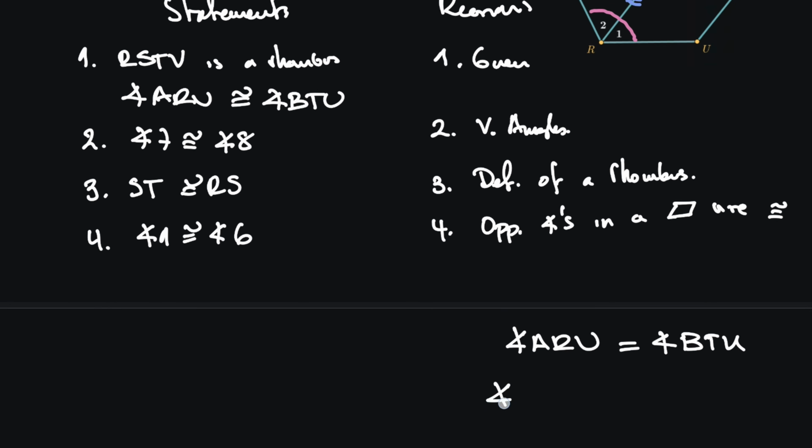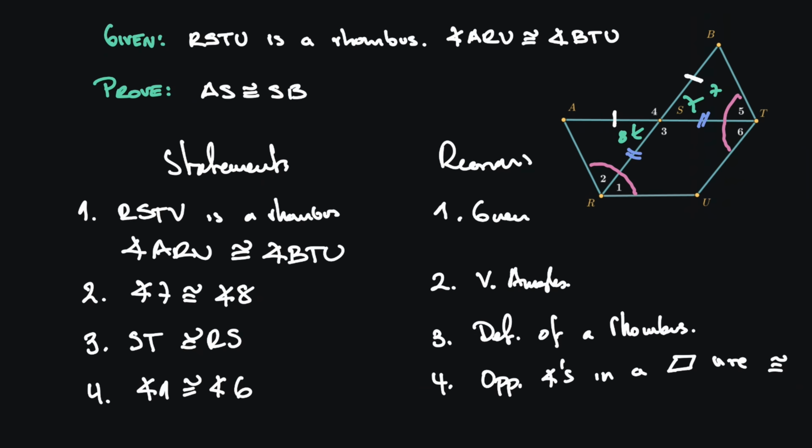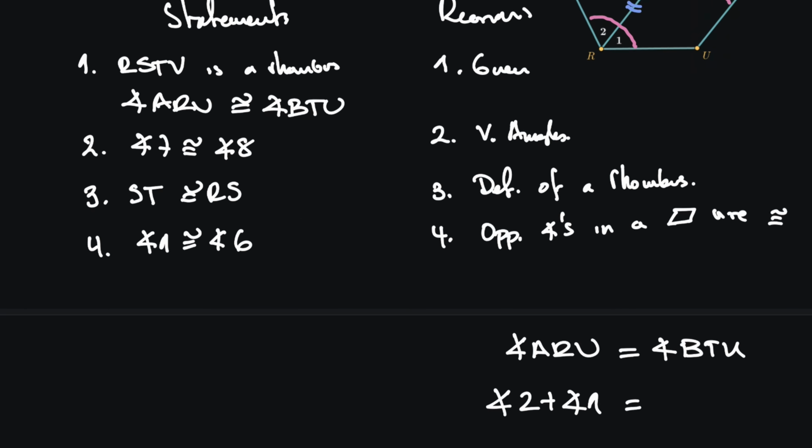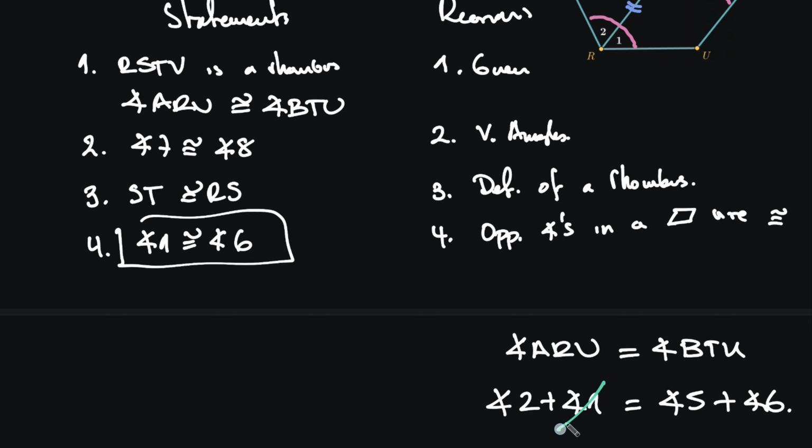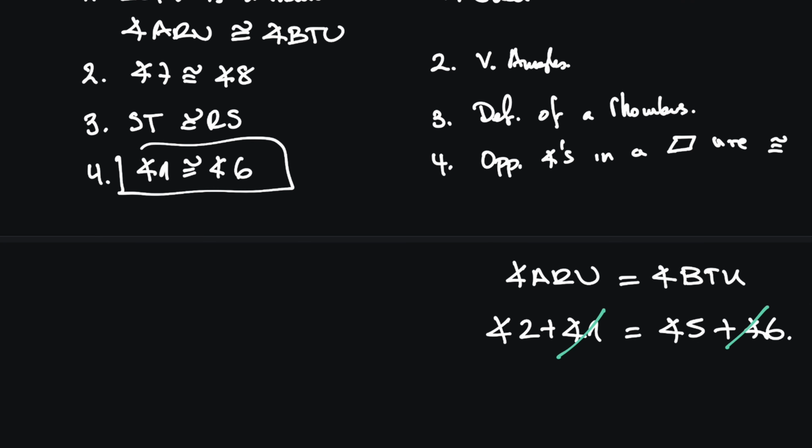So angle 2 plus angle 1 will be equal to angle BTU. But angle BTU is equal to the sum of these two, right? By the angle addition postulate. So angle 5 plus angle 6. But we know from the opposite angles that angle 1 is equal to angle 6, right? So these two angles are actually the same, so we can cross them out. So angle 2 will be equal to angle 5. That's how we get that the other angles are equal.